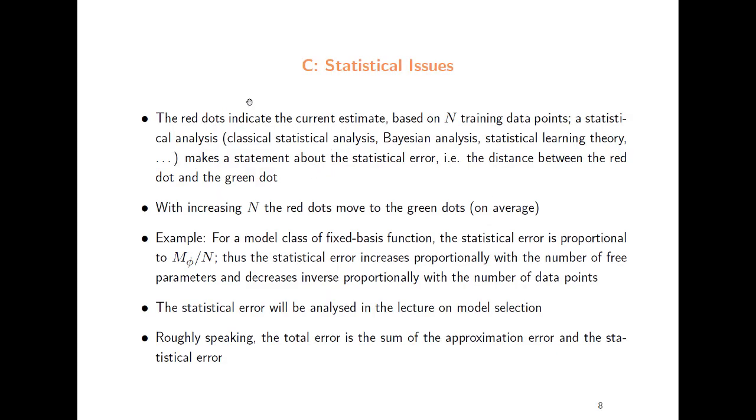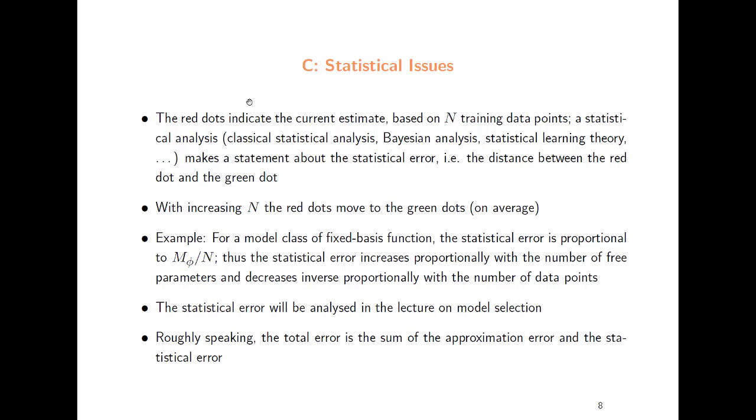Then, in addition to approximation error, there are also statistical errors. So even if we can model the target function, we have to estimate the function or the parameter, the w, based on our finite data set. If we had an infinite number of data, then we probably could find the best function out of the model class to fit the target.